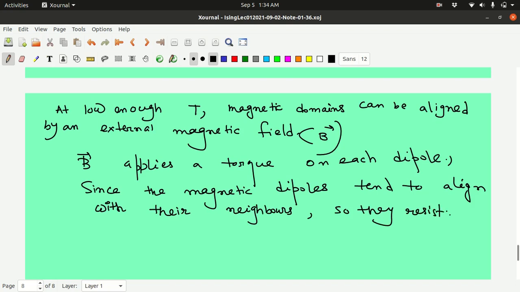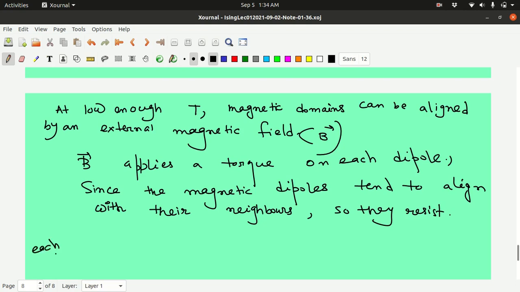So what does it mean? Let's say you have a ferromagnetic material at low enough temperature, so there are several magnetic domains as you can see in that picture, and if you apply a magnetic field, that magnetic field will apply a torque on each dipole, because each electron has a dipole moment.